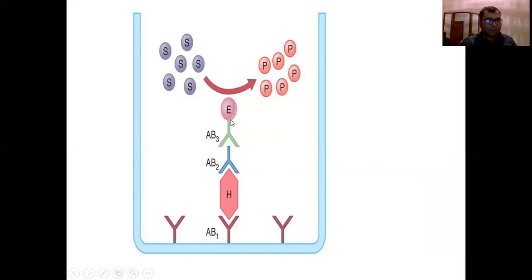E is an enzyme linked to AB3 that catalyzes the formation of colored product P, the red one, from a substrate S, the blue one. The amount of product is measured using an optical method and is proportional to the amount of hormone in the well, if there are excessive antibodies in the well.